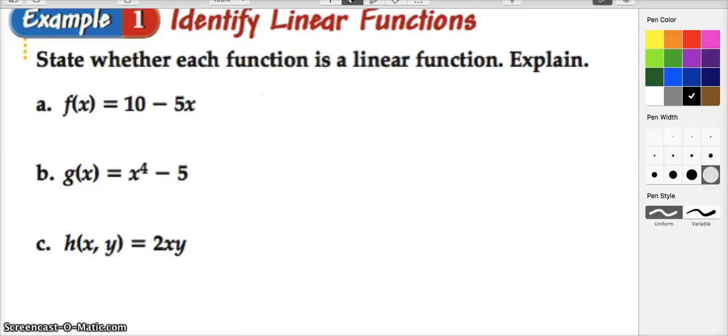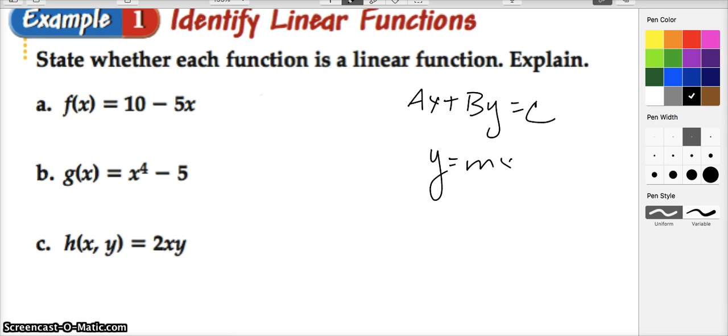Okay, so this first example is going to require us to determine whether we have a linear function or not. And so what I'd like you to do is recall that, so we have that form ax plus by equals c, which we talked about as standard form. We also have y equals mx plus b.